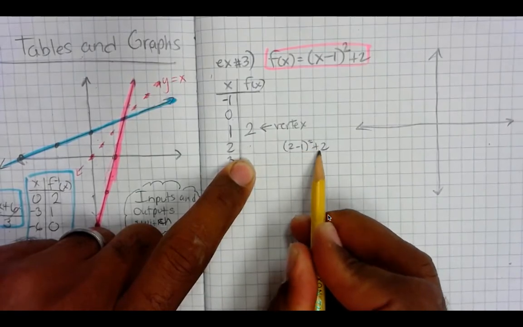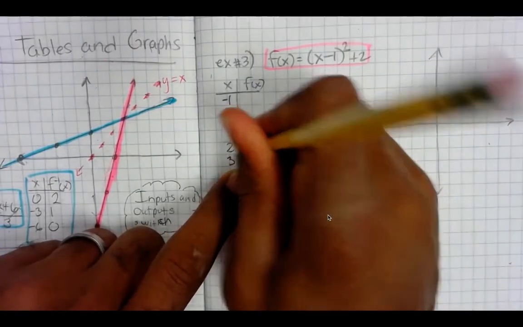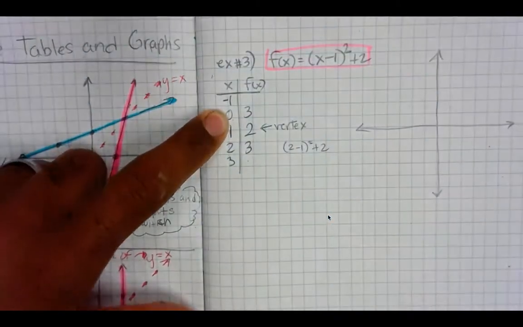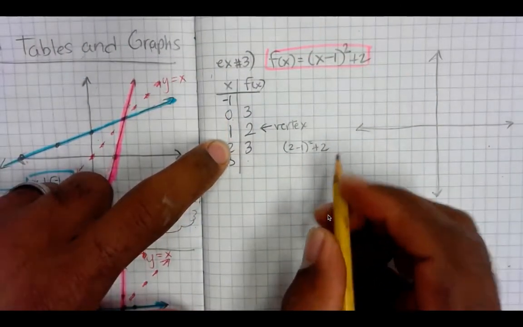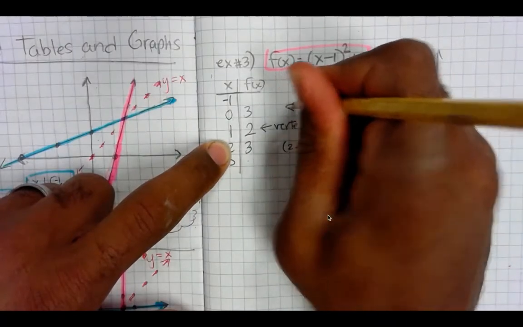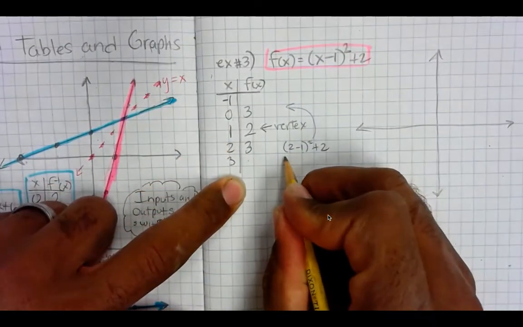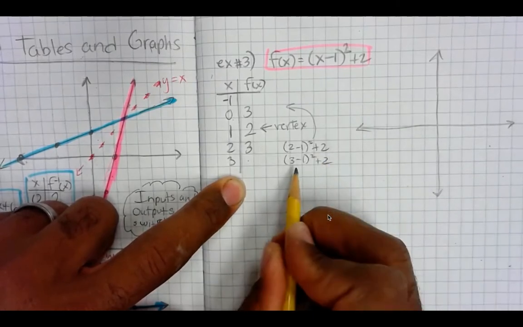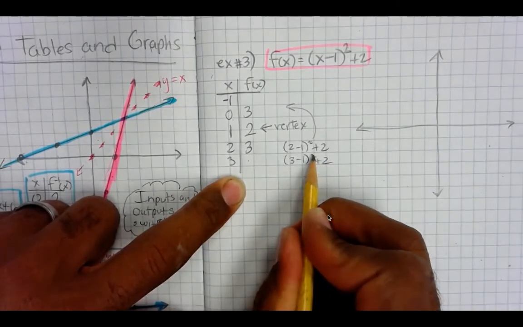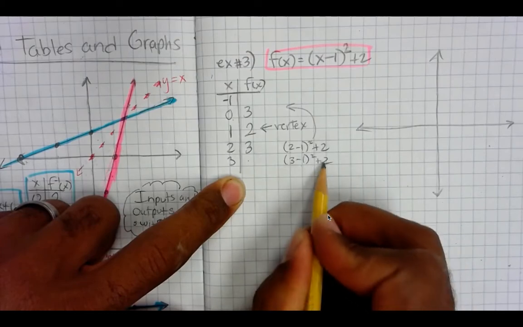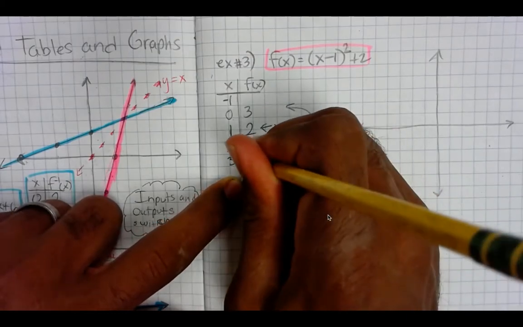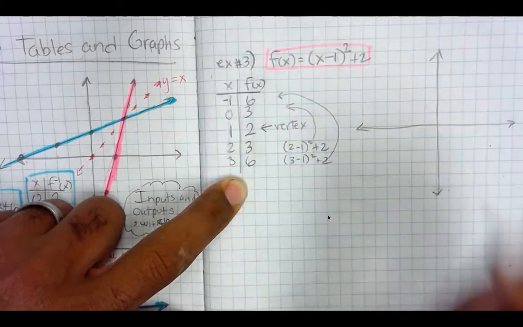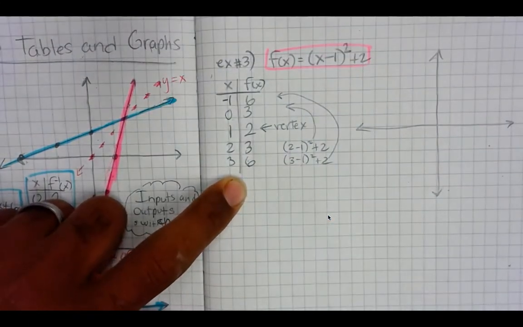Squared is just 1 again, plus 2 is 3. So that means that this is also 3. Okay, so that goes there. And then if I do this one, 3 minus 1 squared is 2. 2 squared, 4 plus 2, 6. And again, that one goes there. Because again, they're symmetrical.